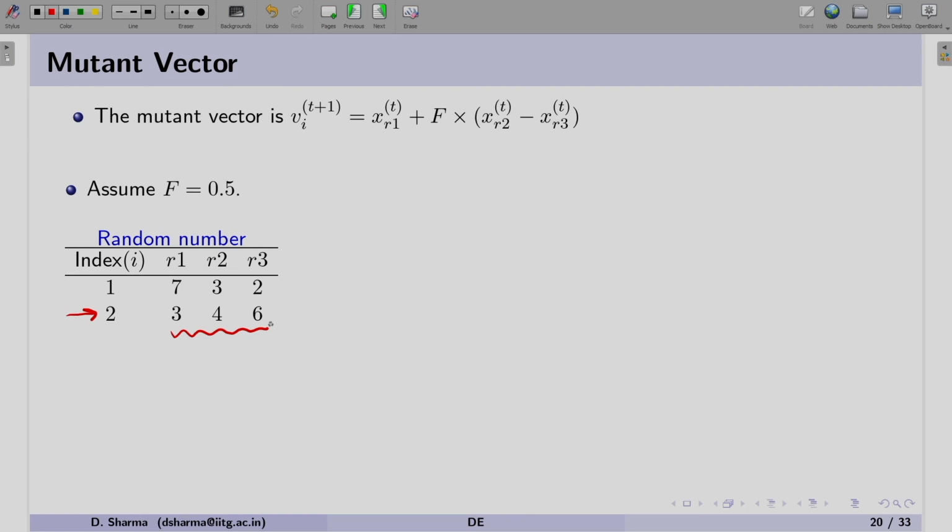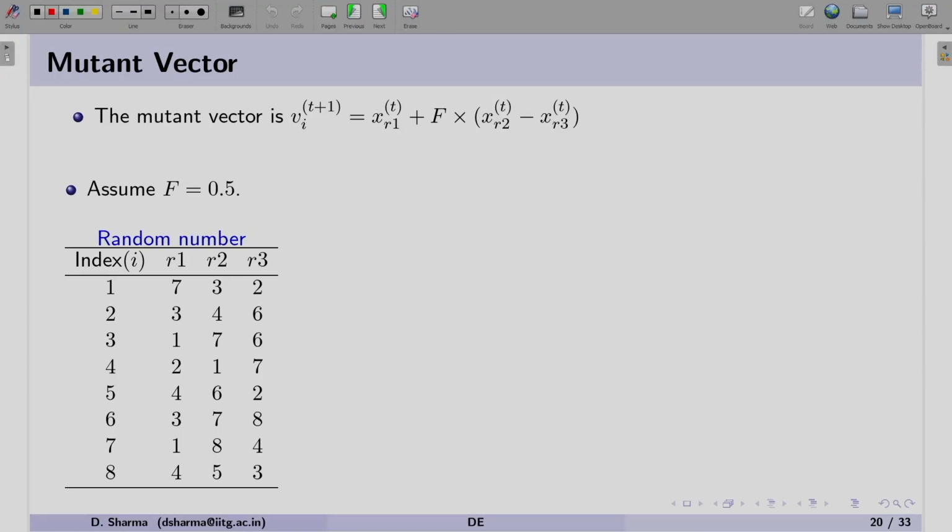We are following the rule that i should not be equal to r1, r2 and r3, and r1, r2 and r3 should be different from each other. If we follow the same thing, then we are going to get a table of random numbers for each target vector. So, let us go one by one.